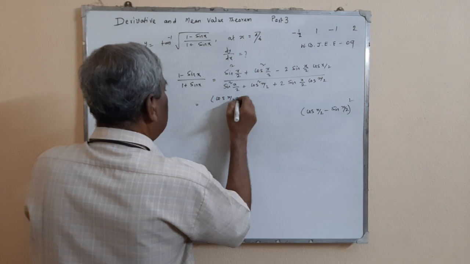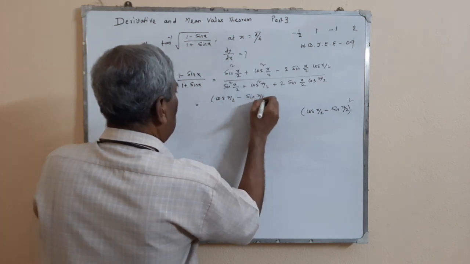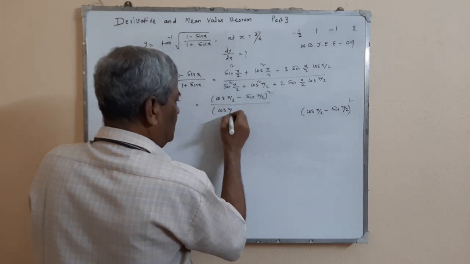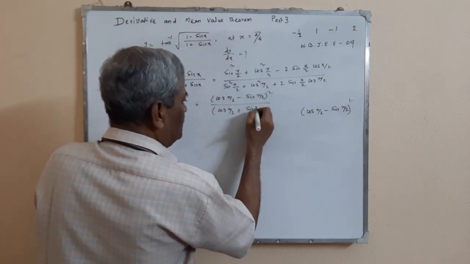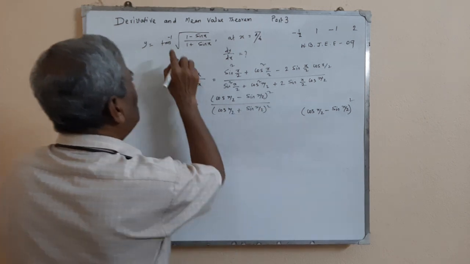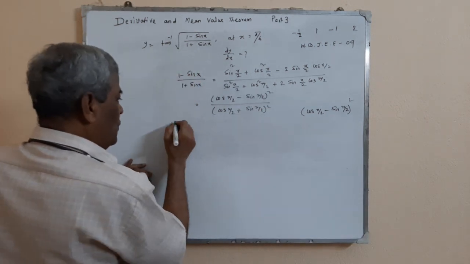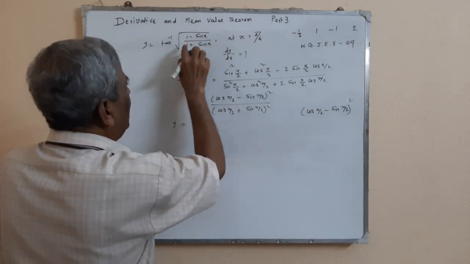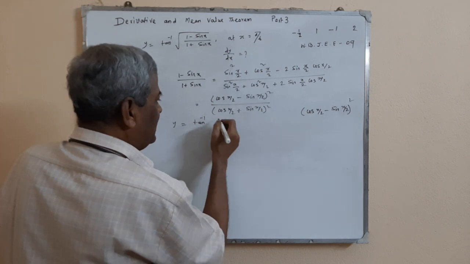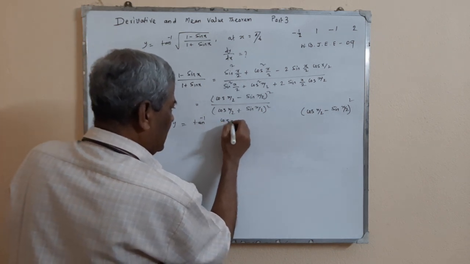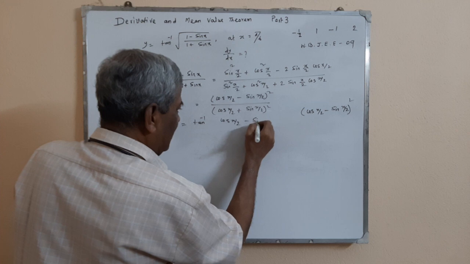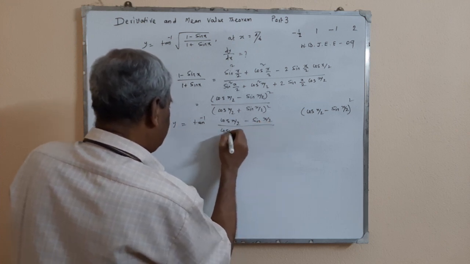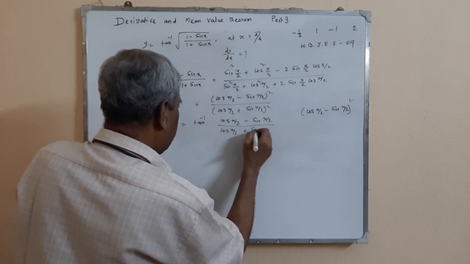cos x by 2 minus sin x by 2 whole square by cos x by 2 plus sin x by 2 whole square. Now the given function is y is equal to tan inverse root over of that, means cos x by 2 minus sin x by 2 by cos x by 2 plus sin x by 2.